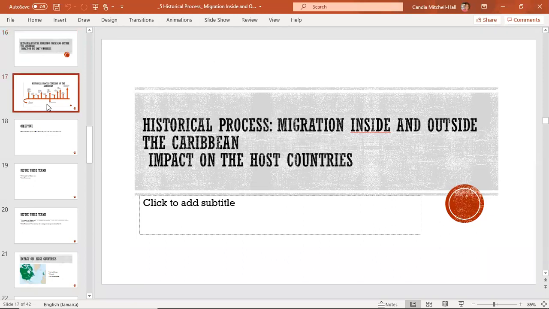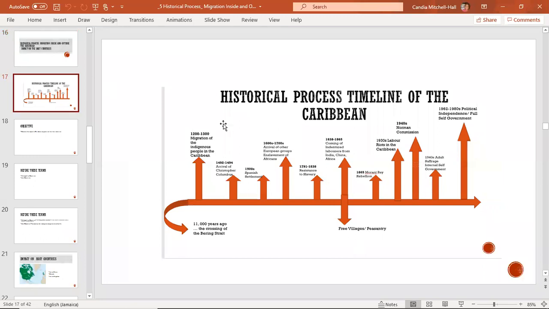Very good. So on our historical time frame map, we're almost to the end. We're in this period where we're looking at from 1838 to present the different migratory patterns in the Caribbean, both inside and outside. So last week we would have looked at the examples of the inside.